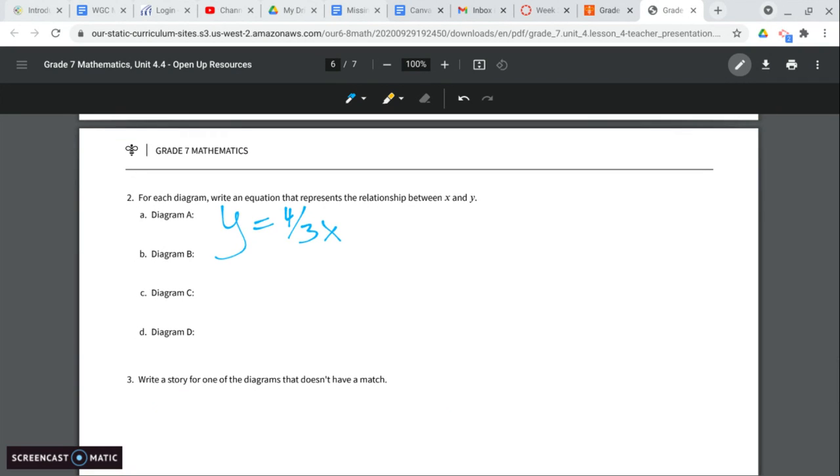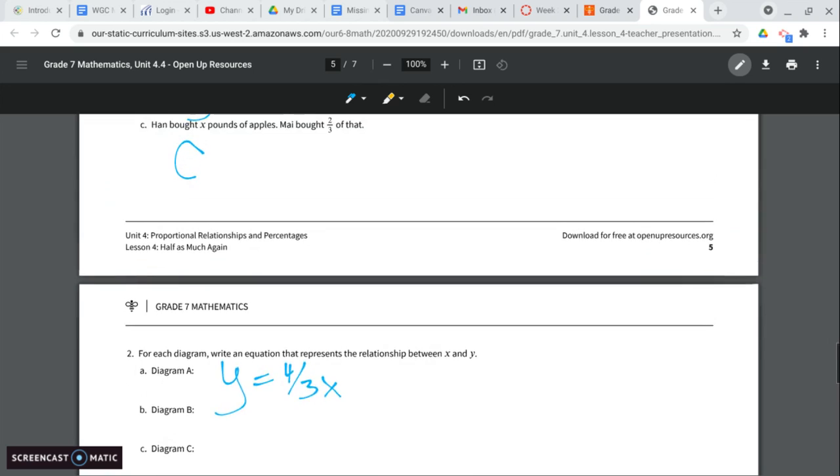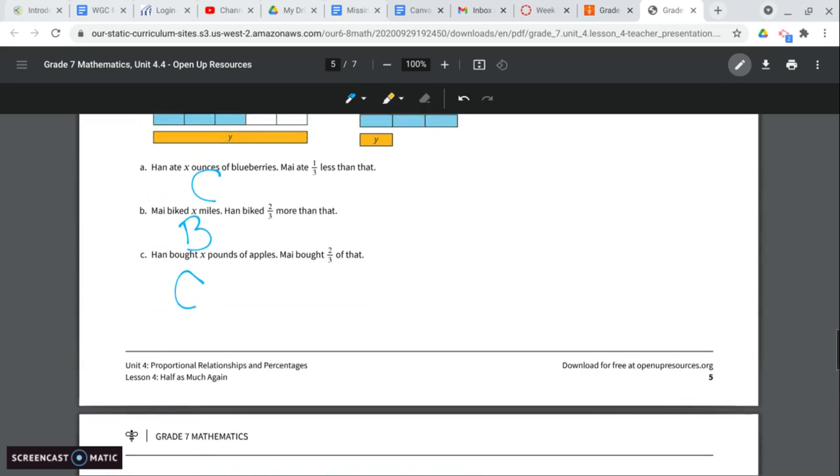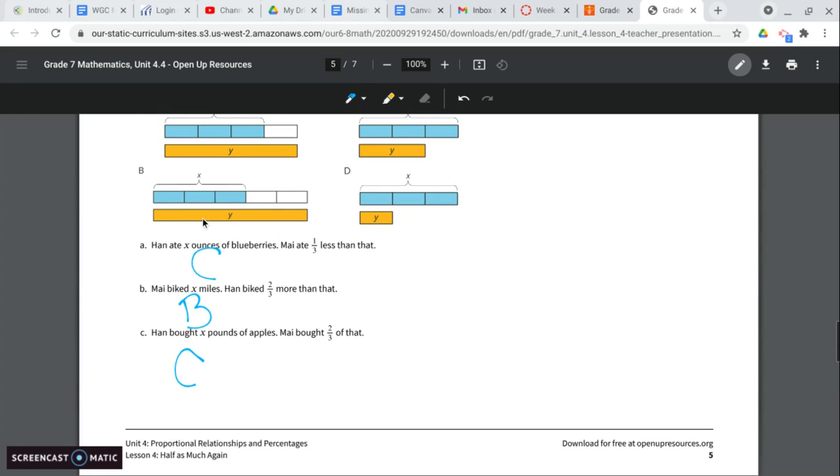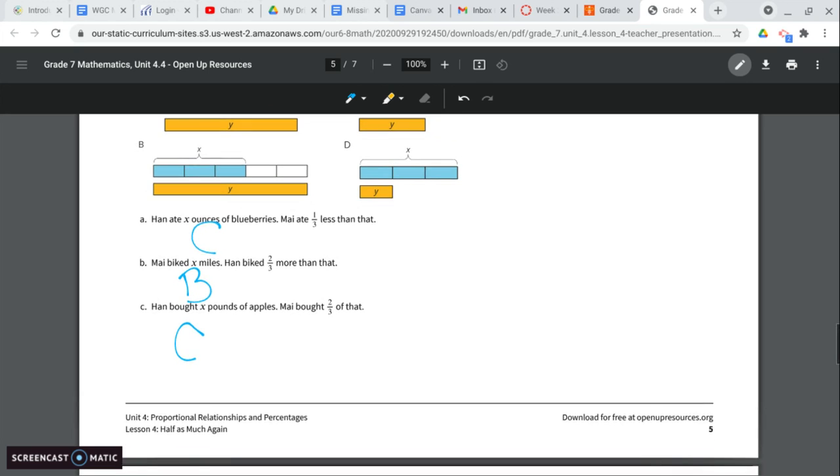So we're really looking at the factors for these. So factor is your key word for this lesson. All right, for B, that was this one here. So we've got the 3, but then there were 2 more added on. So 3/3, 4/3, 5/3. So y equals 5/3 x.